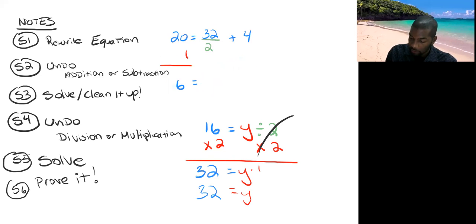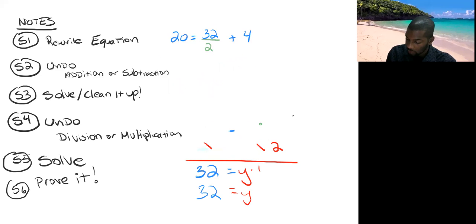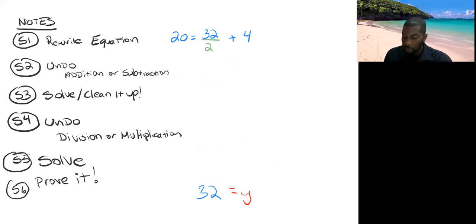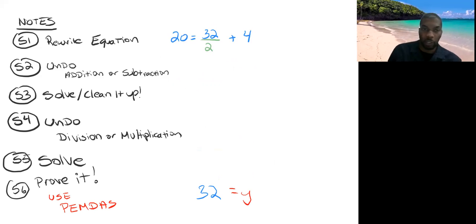Up here at the top. Let's see if it works. All right, step 1, PEMDAS. Do I have any parentheses? No. Oh, how about this? Let's write this down here. Let's prove it. Use PEMDAS. There we go. So that's a good little note for you.